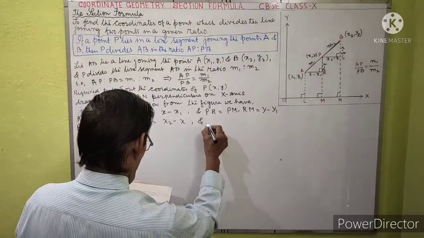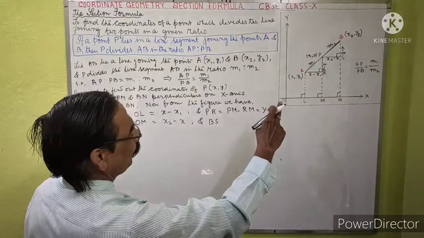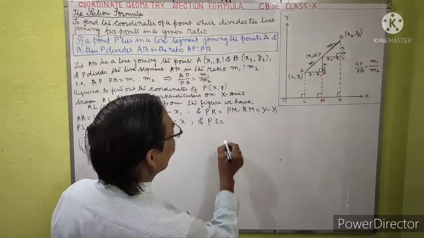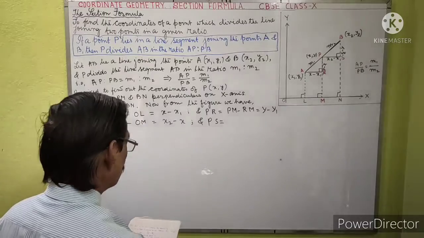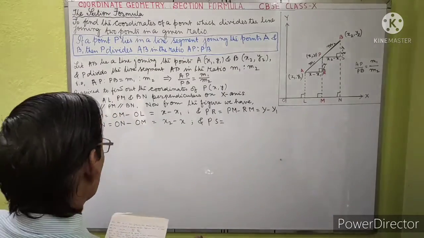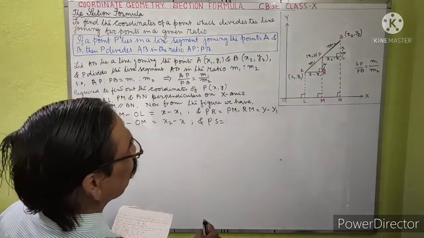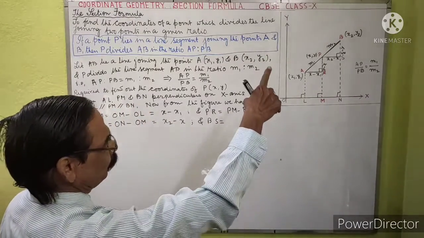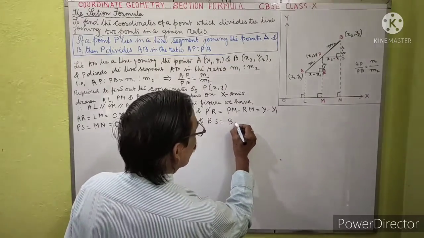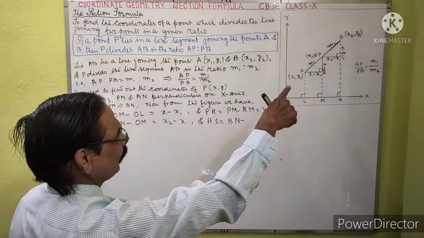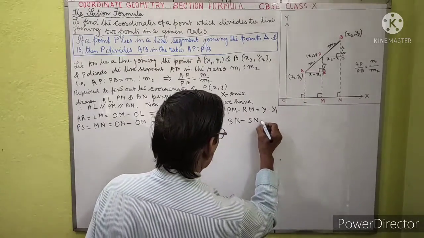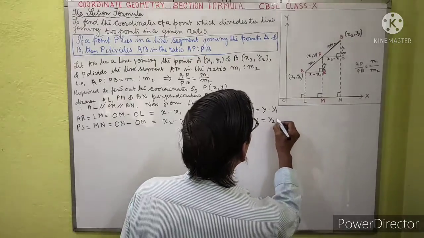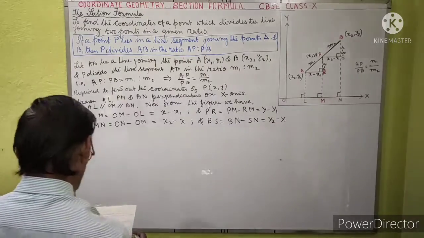And BS equals BN minus SN, where BN equals y2, so BS equals y2 minus y.